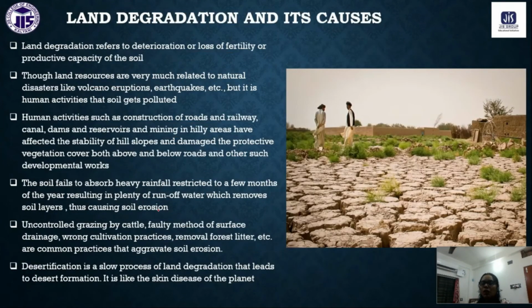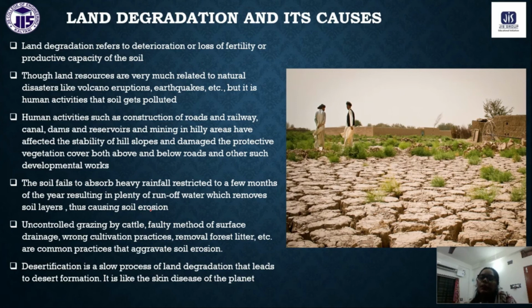But what we can see, due to our activity, due to land pollution, these are some of the degradation that we can have, like the maximum lands are degraded due to the cutting of the trees, the deforestation.